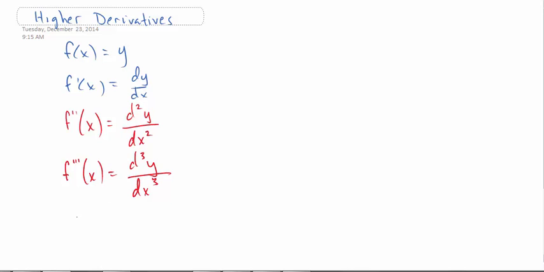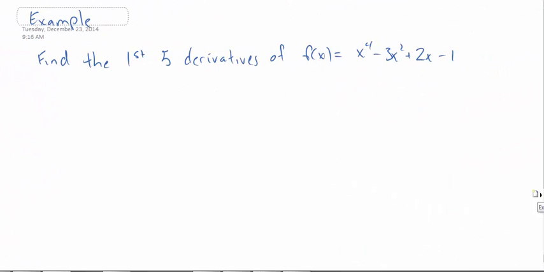And we could go on and on, but usually after the f triple prime, we start just using a number as the exponent: the fourth derivative of x, the fifth derivative of x. And we could continue taking the derivative of this function over and over again. Now, why do we care? Well, we'll get to that, but let's do a little bit of practicing first.